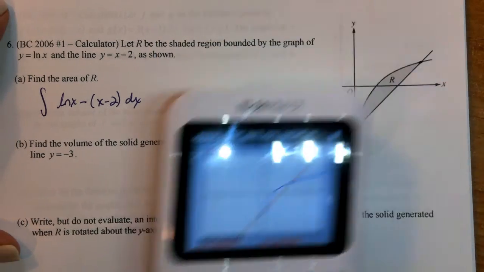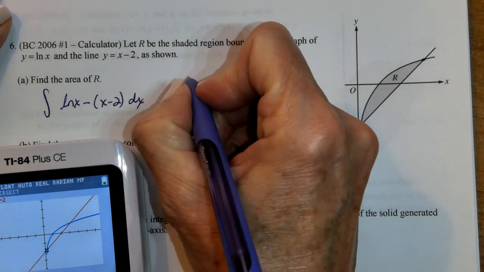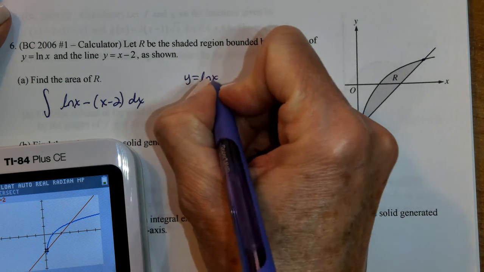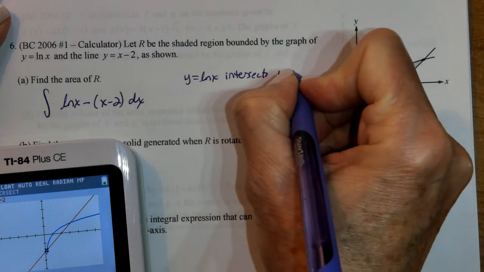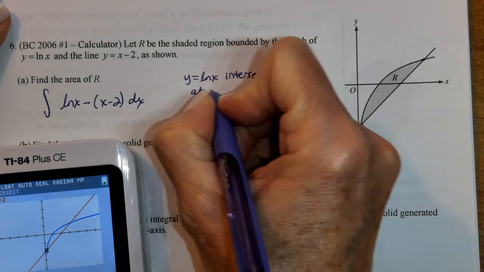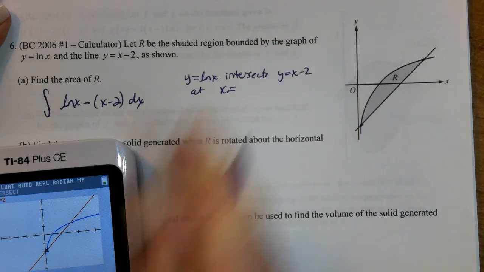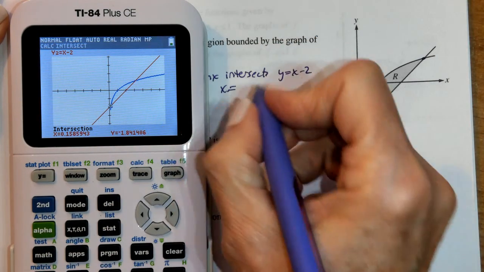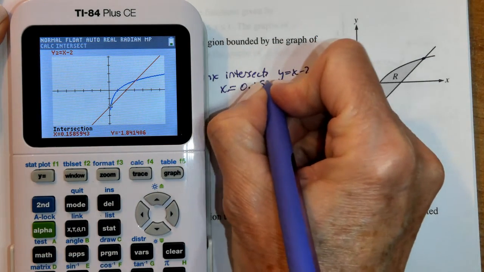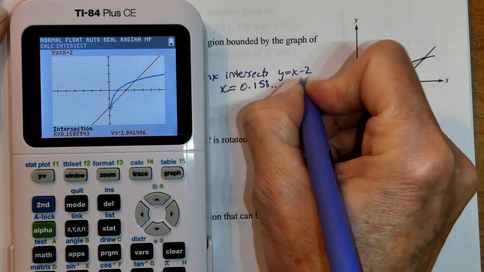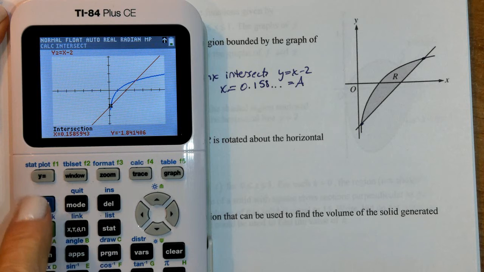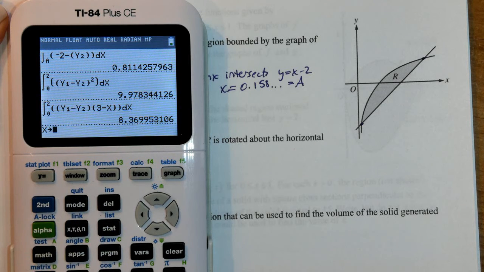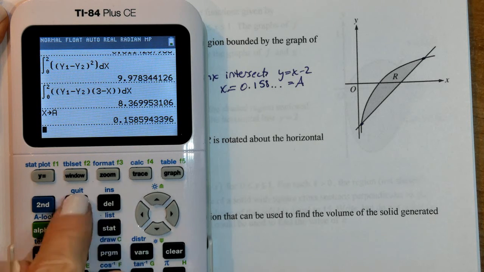So again, I'm telling AP what I'm doing, and I'm going to say y equals natural log x intersects y equals x minus 2 at x equals 0.158 dot dot dot, and I am going to store that in for A. Now, question.